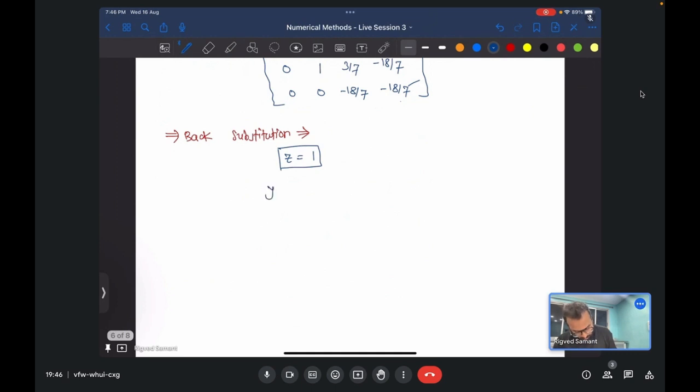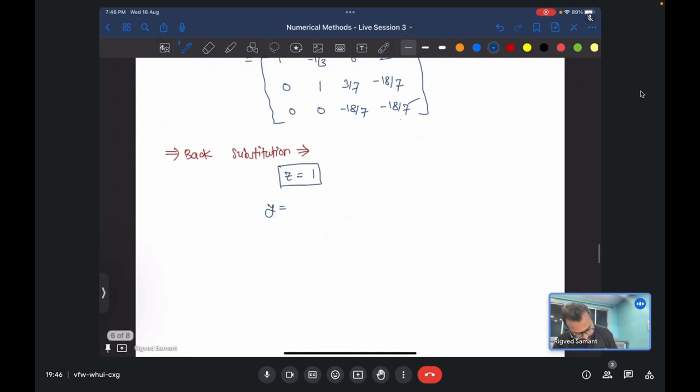Y would be minus 18 divided by 7 minus 3 by 7. So minus 21 by 7, that is minus 3.